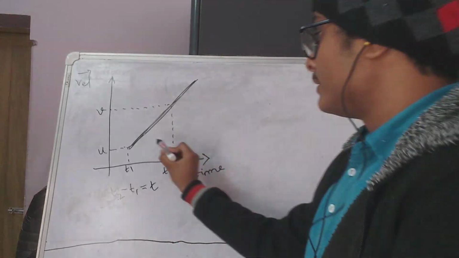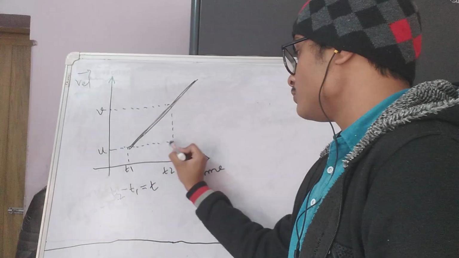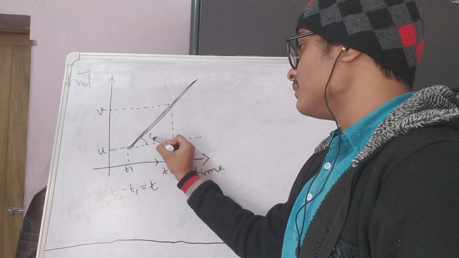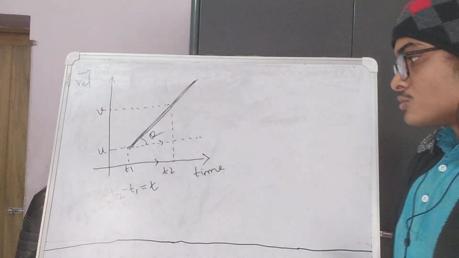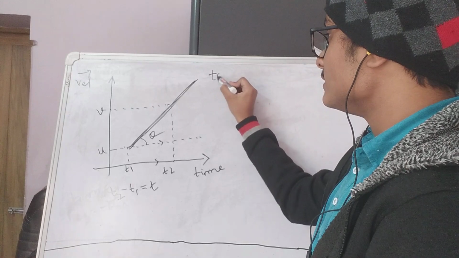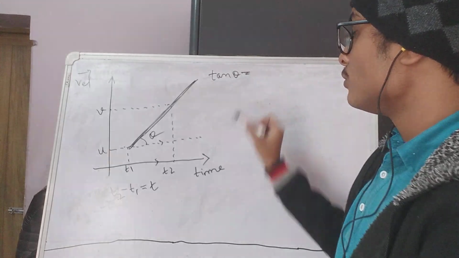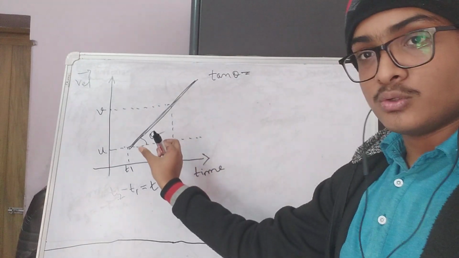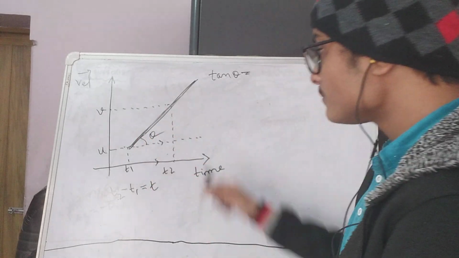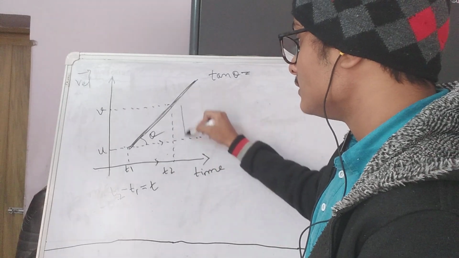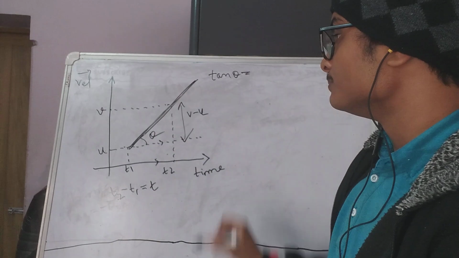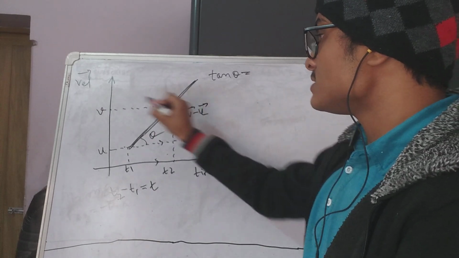Now let us draw a line parallel to this. Let this angle be theta. So what is the definition of slope? The slope is tan theta, which is perpendicular by base. From here also we can see perpendicular by base. What is this perpendicular? This length is v minus u. All this is in vector form.